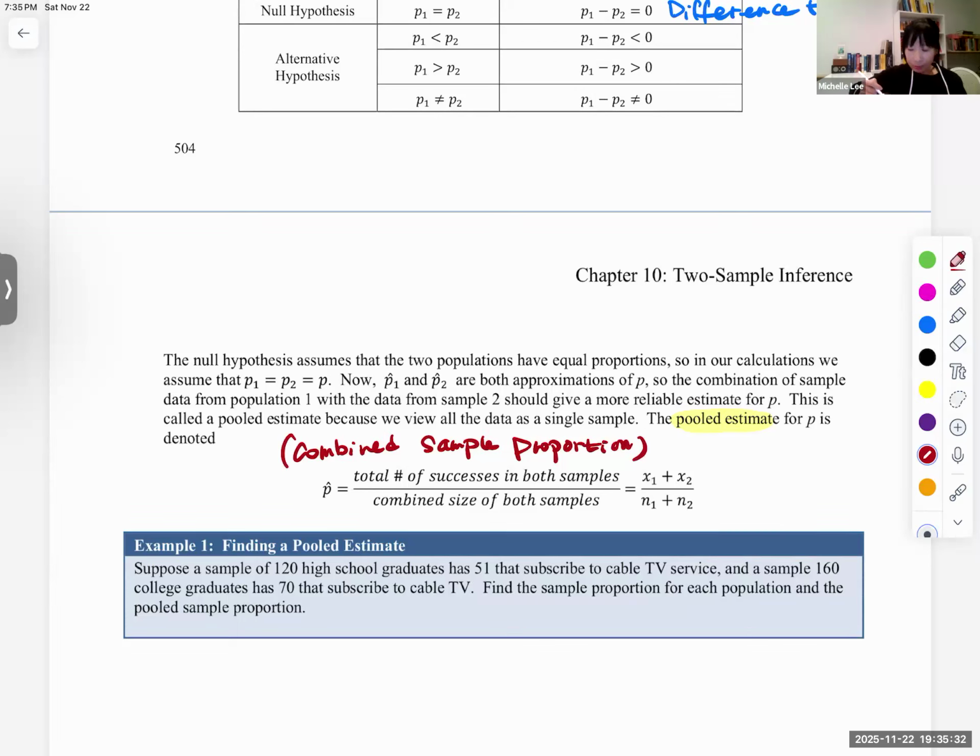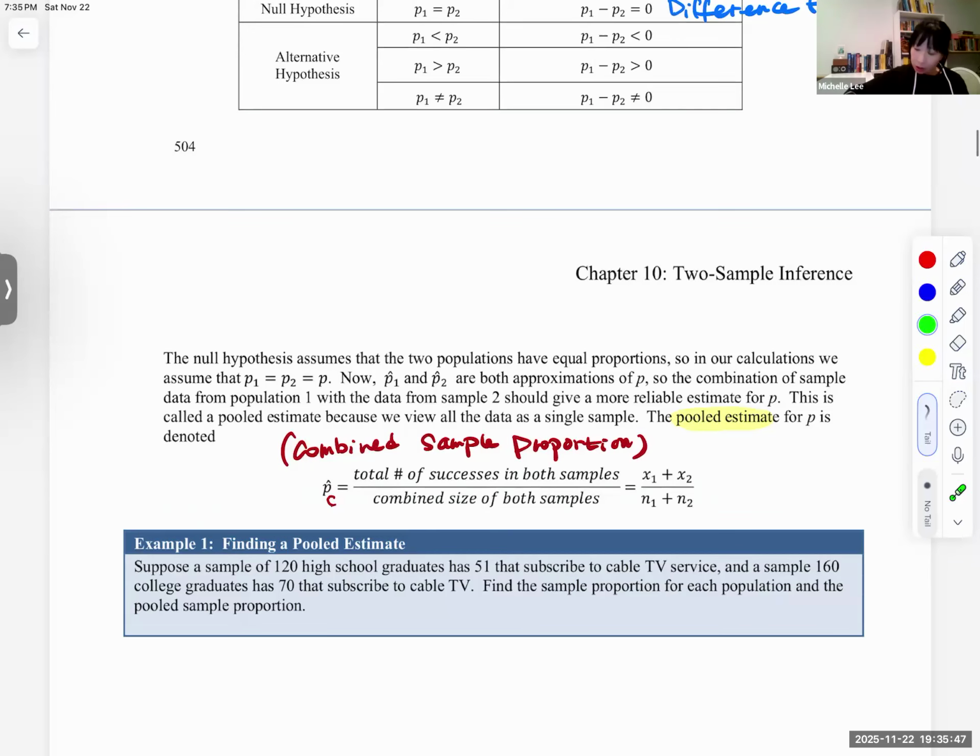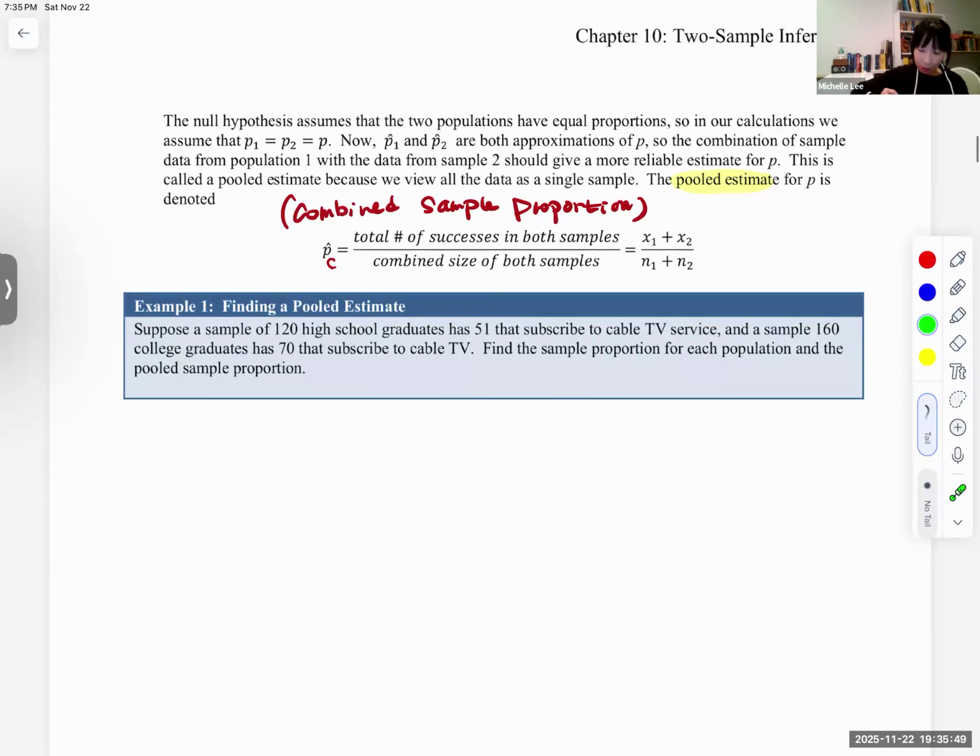Some textbooks use p hat sub c, using the first letter of combined, c.